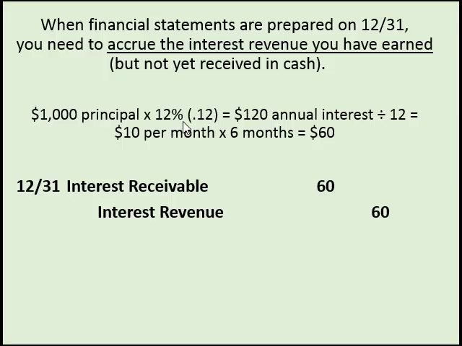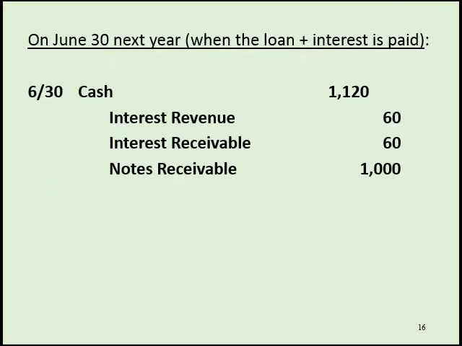Then the easiest way to make this calculation is to divide the annual amount of interest by 12 months to get to the monthly amount of interest. Then, since 6 months have gone by since the money was lent, we will multiply the $10 in monthly interest by 6 months to get the total amount of interest that has been earned so far this year, or $60.